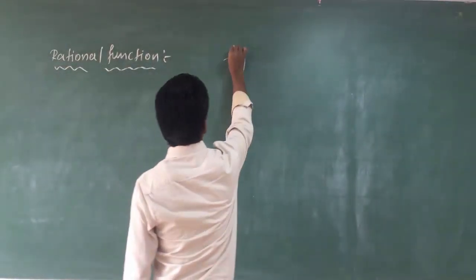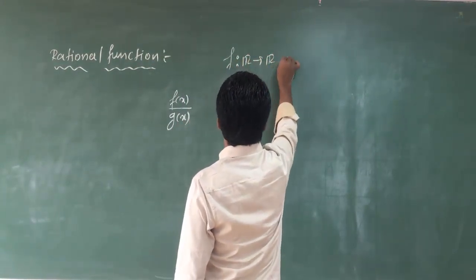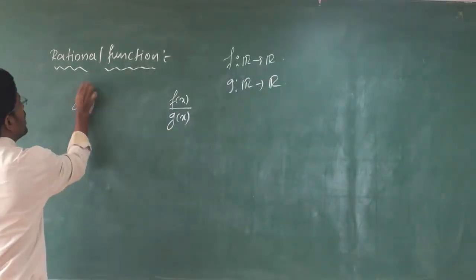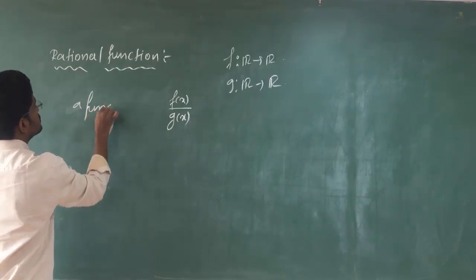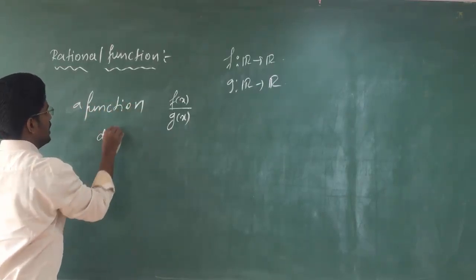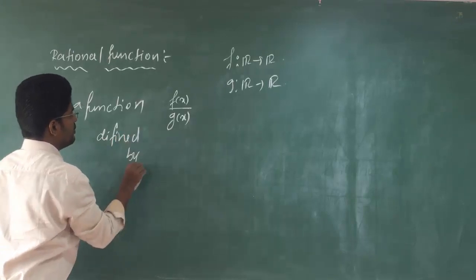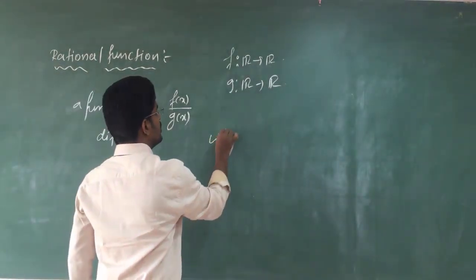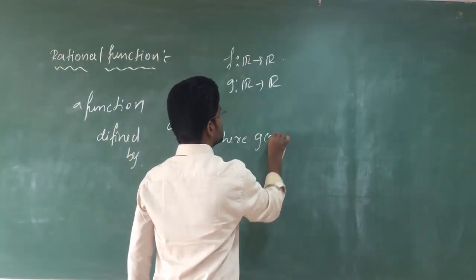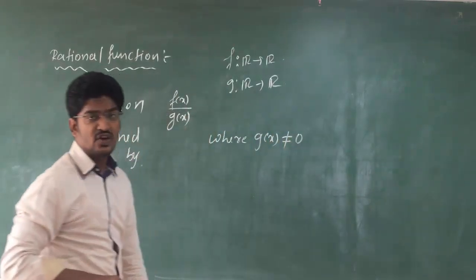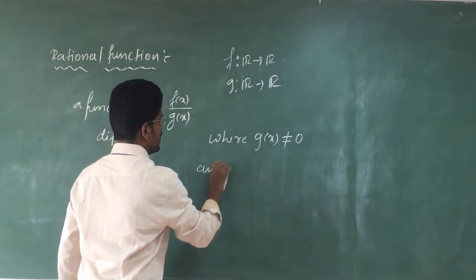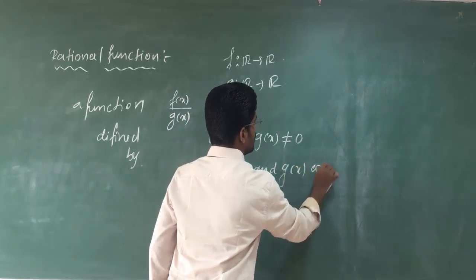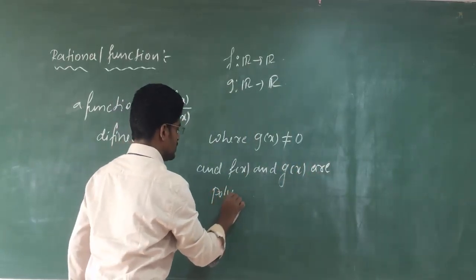That means f is a function from R to R, g is a function from R to R, and a function defined by f of x divided by g of x, where g of x is not equal to 0, and f of x and g of x are polynomial functions.